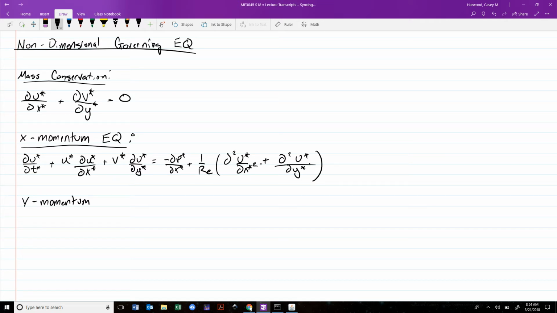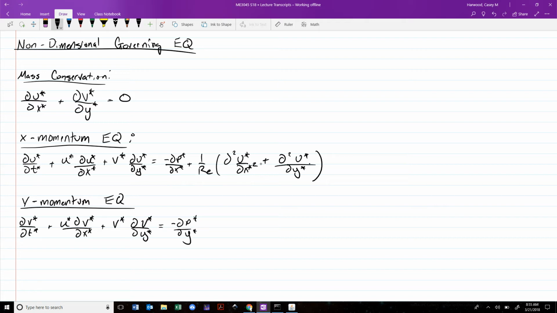Similarly, if we do that for the y momentum equation, we'll end up with dv star plus ... equal to minus d p star d y star plus 1 over Reynolds number times d squared v star d x star squared plus d squared v star dy star squared.